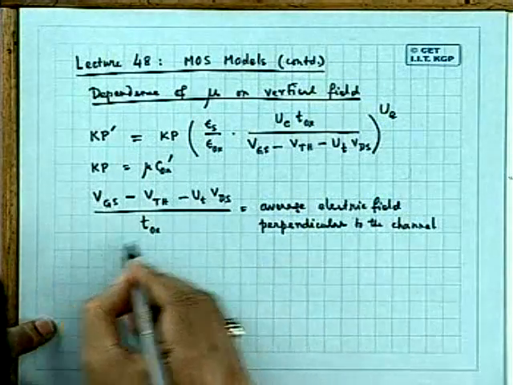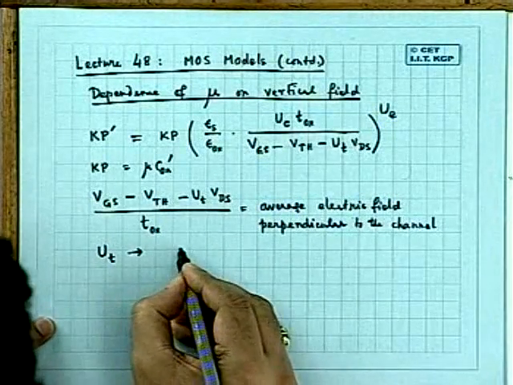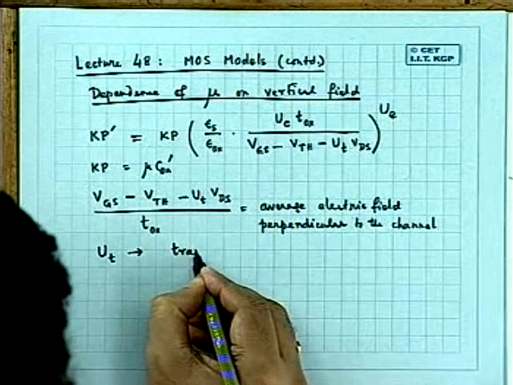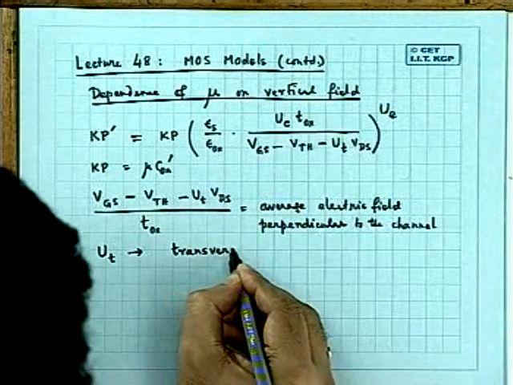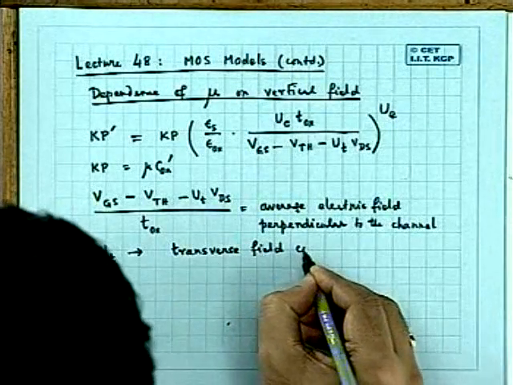And this UT is called the transverse field coefficient.